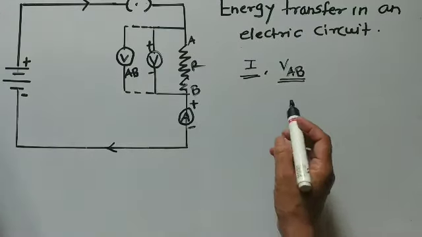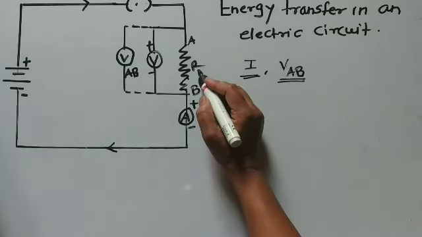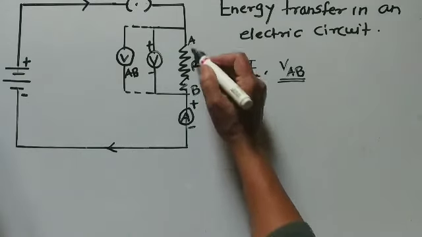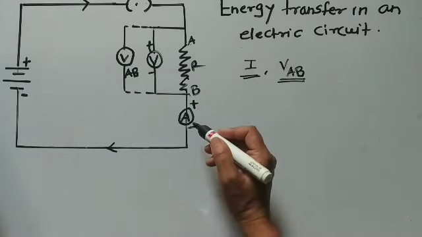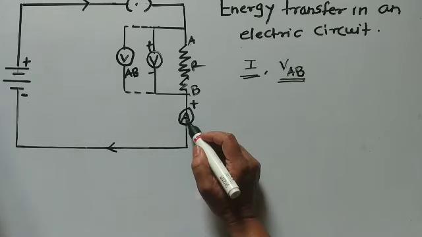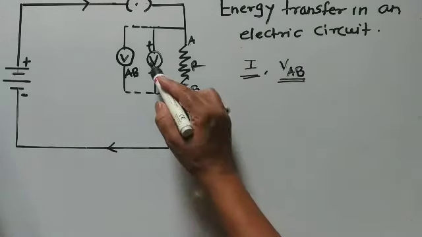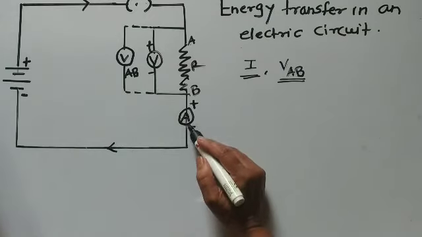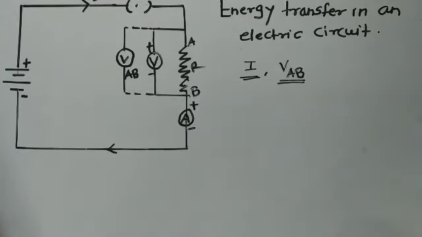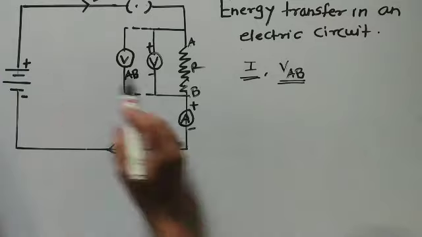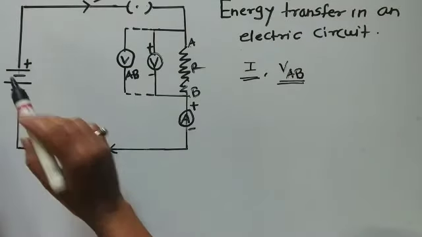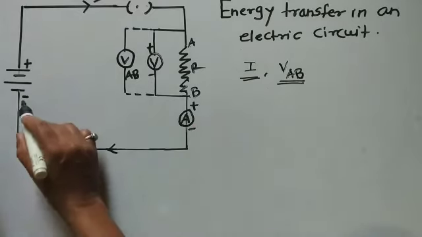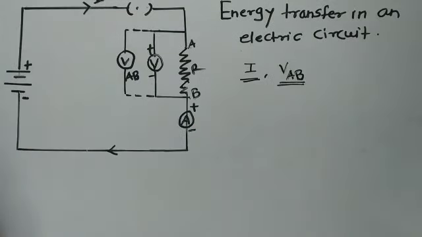We have to measure the potential difference across this resistance, which has these two ends A and B. How much potential drops here, that we have to measure. An ammeter is also connected to measure the current. Potential difference is measured in volts and the current is measured by the ammeter. A is connected to the positive electrode of the cell and B is connected to the negative electrode of the cell.